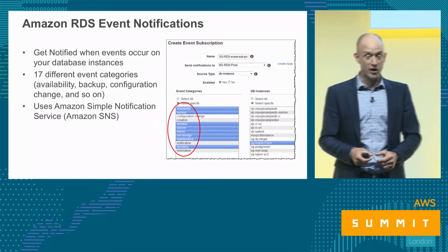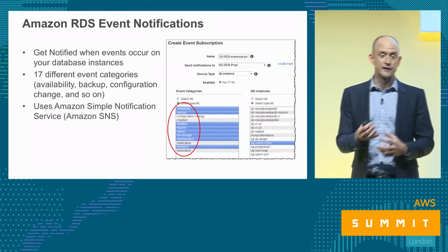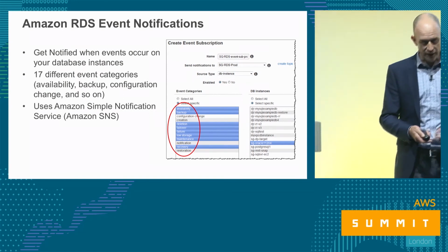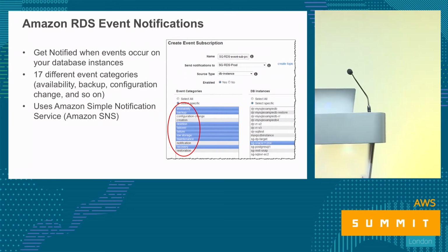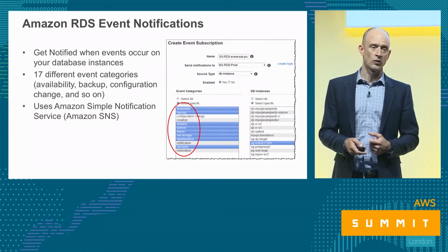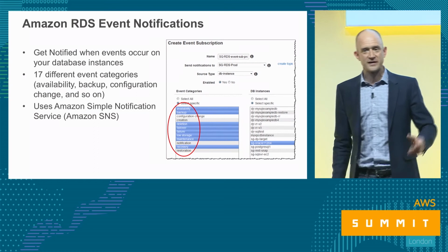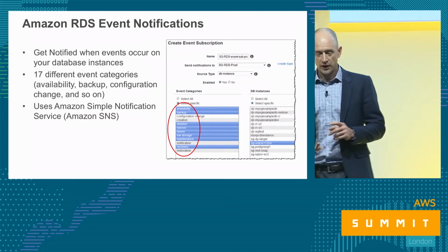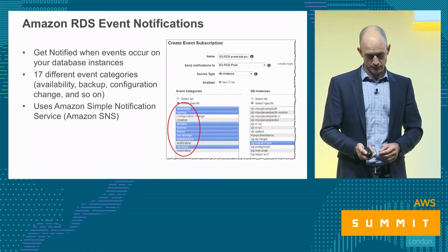We want to help you make sure your architectures are resilient and can, as Steve said, survive the failure of an individual component. Other events here include backup and restore as well. You can use SNS to channel and get visibility of these alerts. SNS will give you the ability to send those event notifications to email or SMS to a mobile phone, etc.